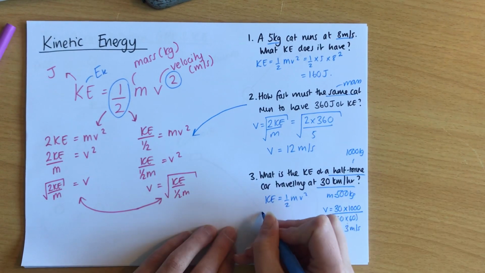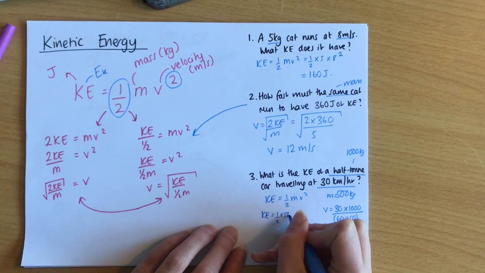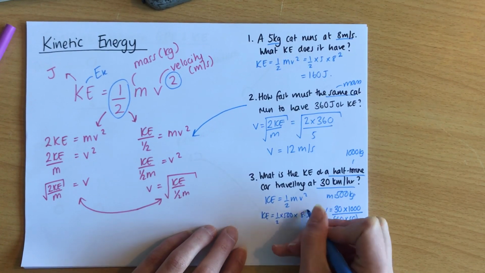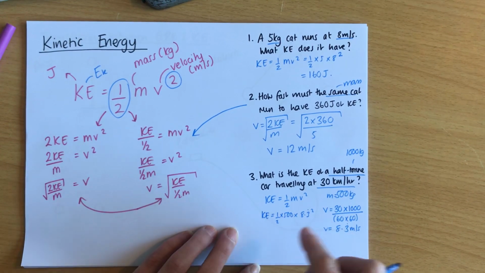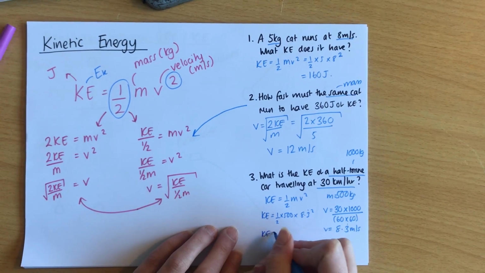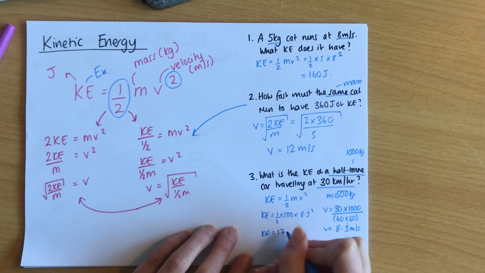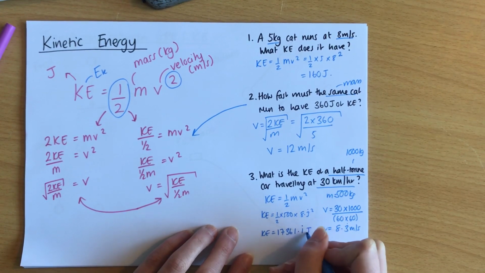So I can now put my numbers in. So KE equals 1/2 times 500 times 8.3 squared. And I'd usually keep that on the calculator and just square it straight away instead of having to type it back in. And that comes out as this answer, KE equals 17361.1 recurring joules.